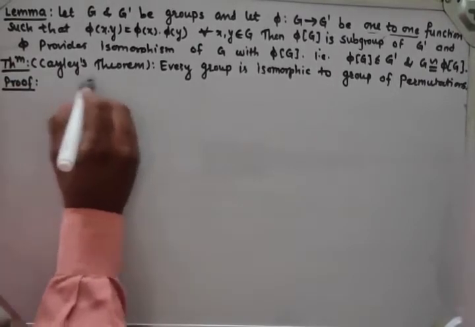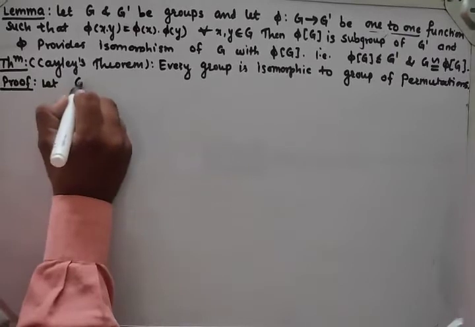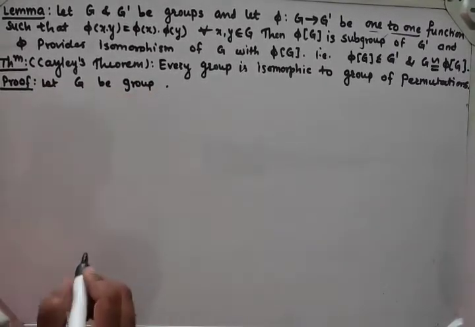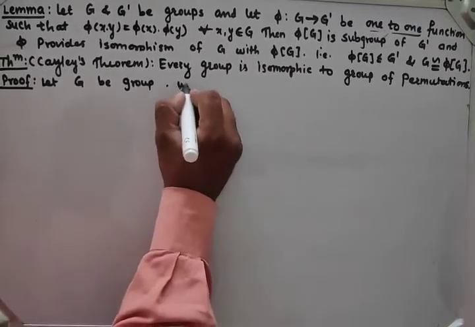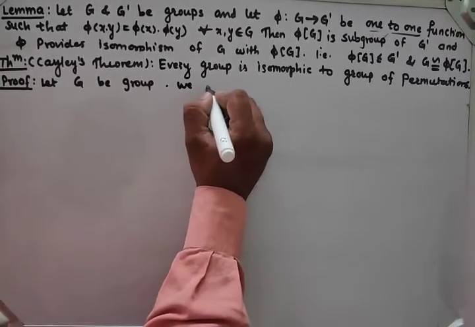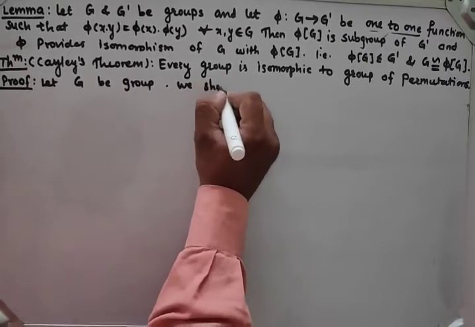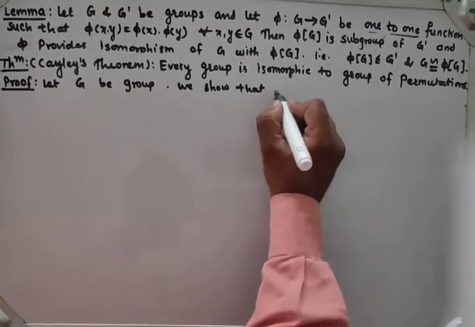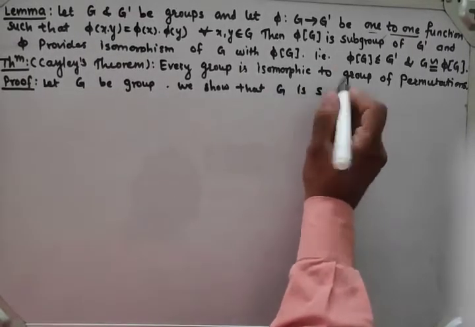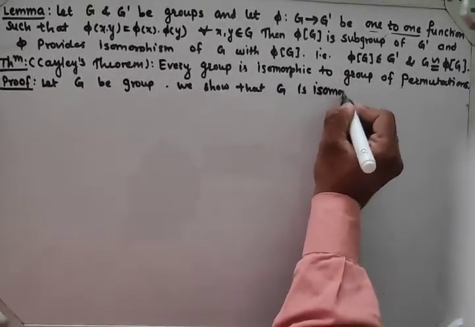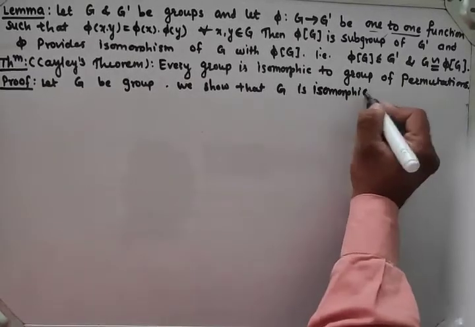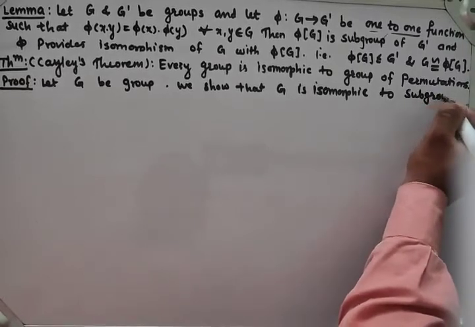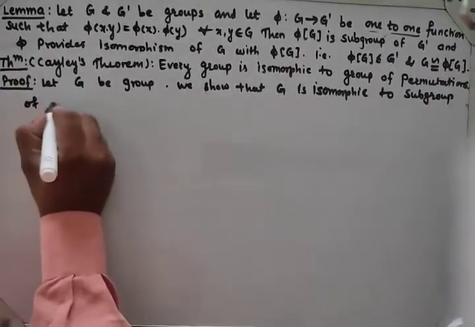So proof of the theorem. Let G be a group. We have to show that G is isomorphic to a subgroup of SG.